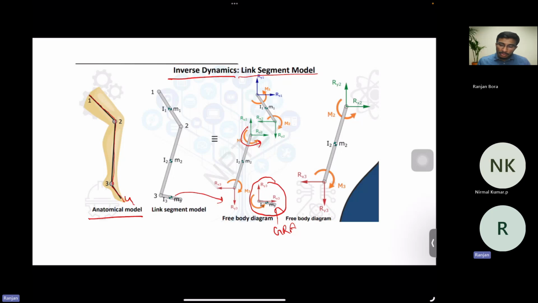First, we'll take this foot model, then we'll estimate the reaction forces and moment at the ankle joint. Then for the next step, we'll use the tibia bone, and using the reaction forces in the ankle joint, we'll estimate the reaction forces in the knee joint. In the next step, these reaction forces in the knee joint will be used to calculate the reaction forces in the hip joint. Like this, we can calculate the joint reaction forces for any joint which we want.